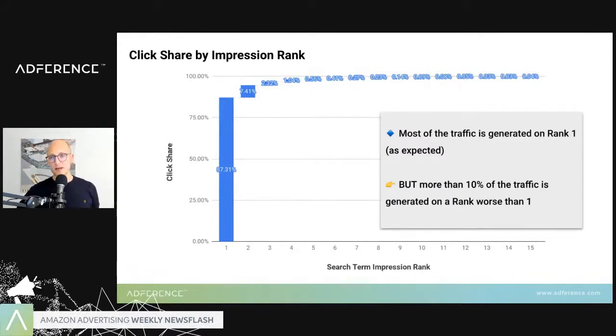So most of the traffic is generated on rank 1 as expected, but more than 10% of the traffic is generated on a rank worse than 1. Nearly 13% of all the clicks were attributed to ranks lower than 1. So it means that you can go into the long tail, and be successful with low CPCs in the long tail. I find this very interesting.